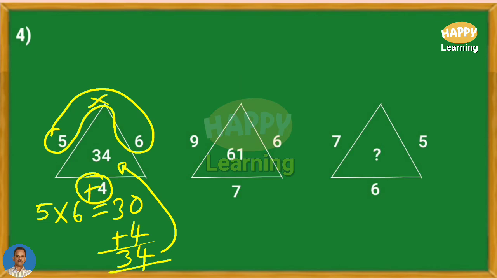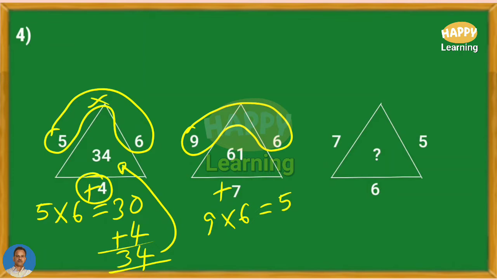Now let me check whether this condition is satisfied or not. So 9 6s are 54 plus 7, 54 plus 7 is equal to 61.